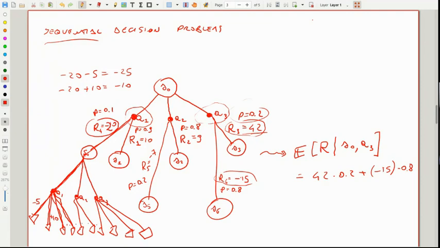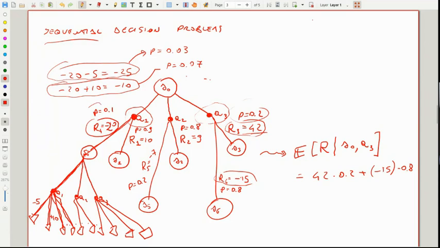and so on. Okay, I can have different total cumulative rewards, each of them corresponding to a different probability. Maybe this is p equal 0.03. This is p equal 0.07, and so on. Every trajectory starting from here will have a probability, which you can compute using these probabilities just by multiplying them. Okay. And the sum of all those probabilities of the trajectories will be again 1.